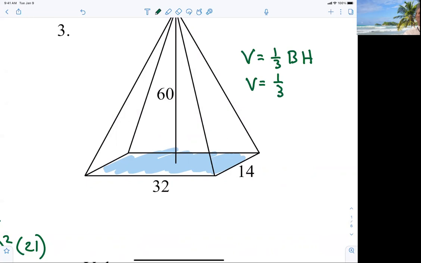What's the area of the base going to be? 32 times 14. And what's the height? 60. Beautiful. So everybody multiply that out.